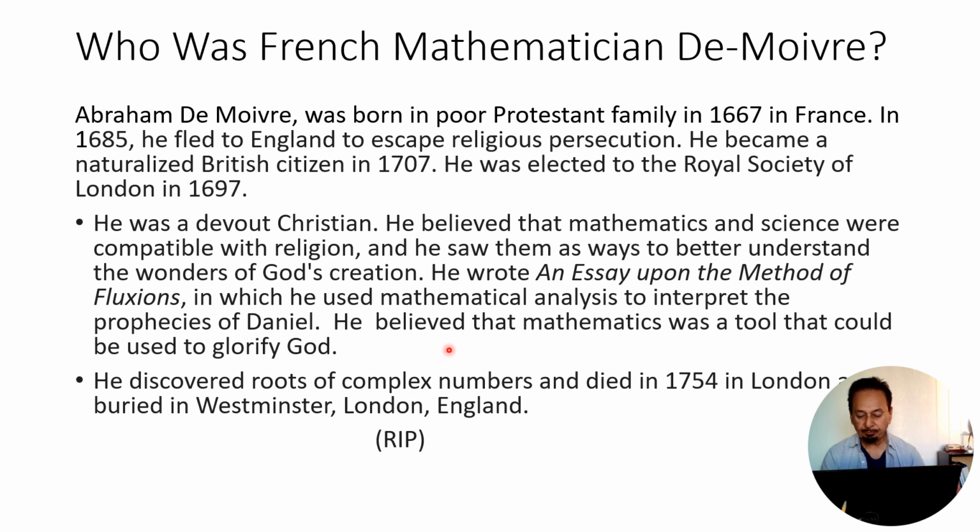He believed that mathematics was a tool that could be used to glorify God. He discovered roots of complex numbers and died in 1754 in London and was buried in Westminster, London, England. R.I.P. Rest in peace.